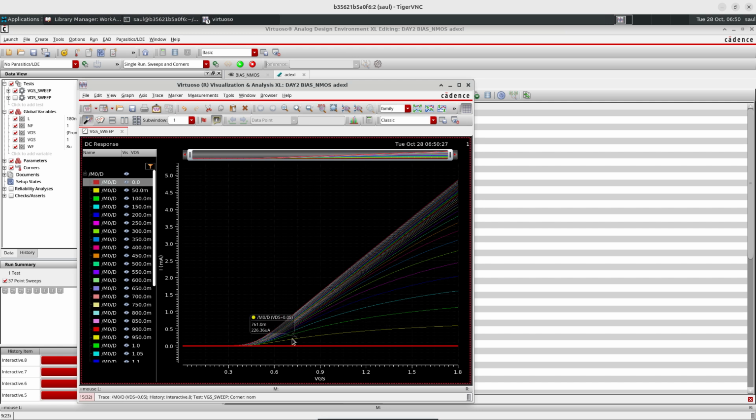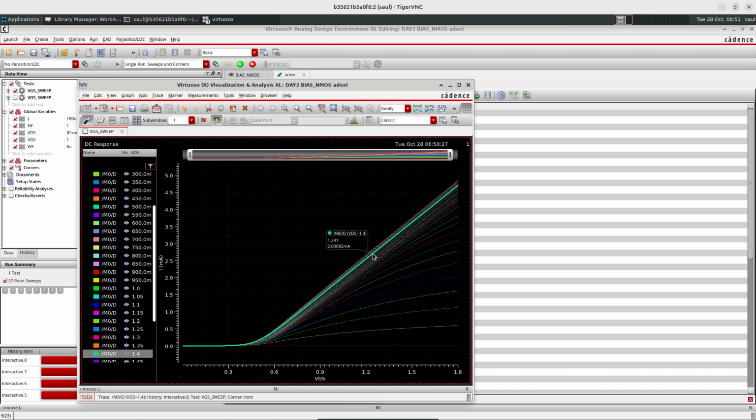VT in this technology is around 0.4 volts. Then when we start increasing VDS, we see that slowly the transistor enters saturation, and the slope flattens out. Okay, it converges. So these are the curves for this transistor here.